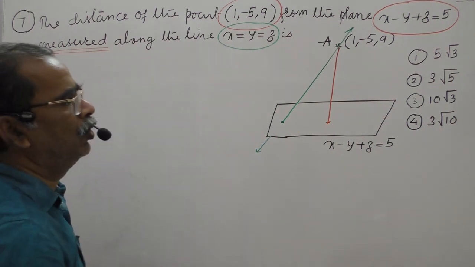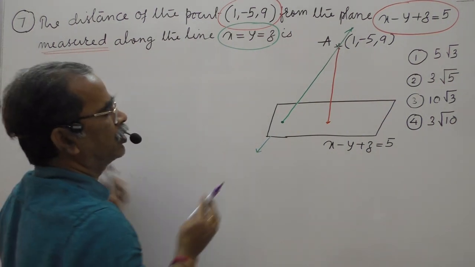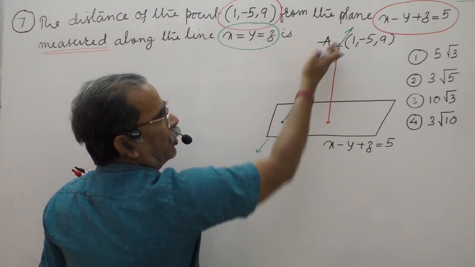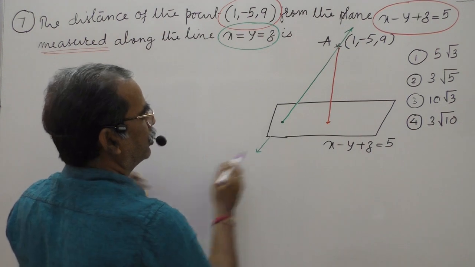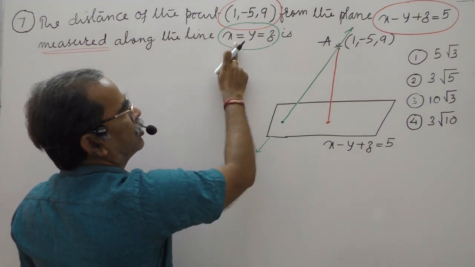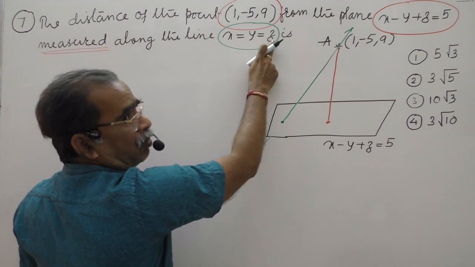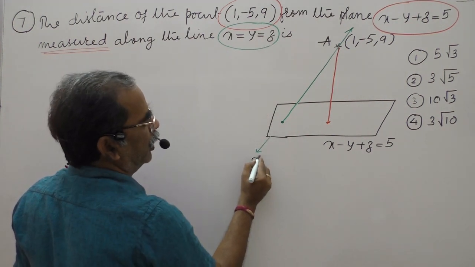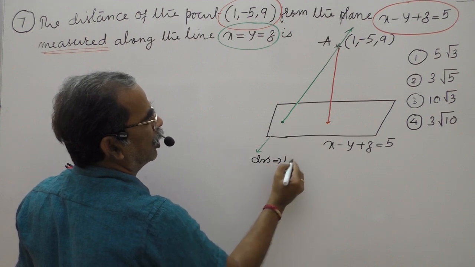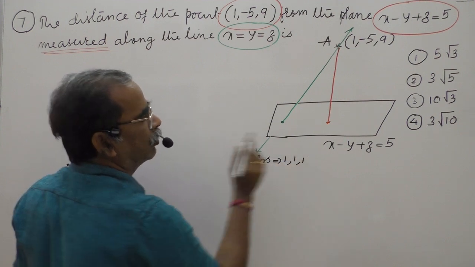So asked is the distance from this to this measured along this line. What is the equation of this line? The line's equation is x equal to y equal to z. So for this line, what are the DRs? DRs of the line are 1 comma 1 comma 1.